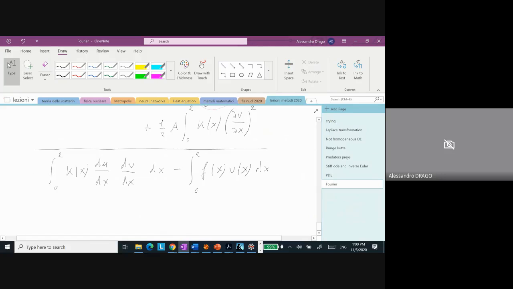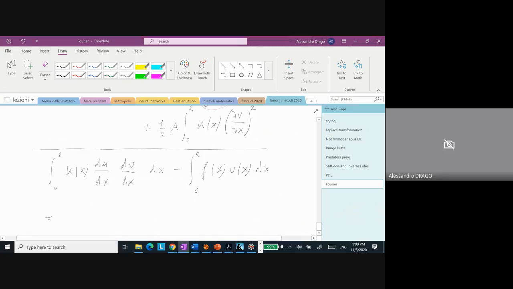As usual, I manipulate the first term by performing a partial integration. What essentially I want to do is, here I have already a v of x, and I want to have a v of x also in the first term.